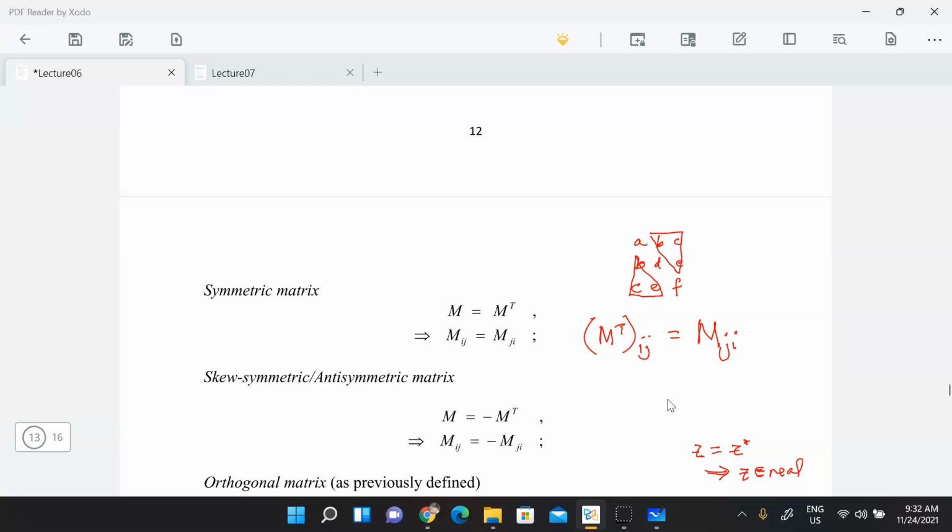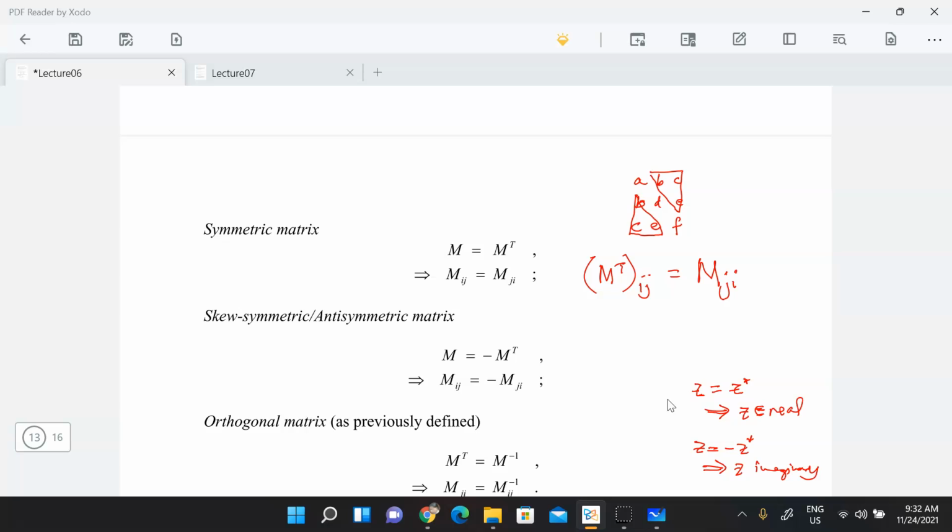Okay, so that gives you a special matrix with respect to the transpose operation. Okay, one could now impose the other condition that we had earlier, for the pure imaginary case. So instead of just M equals M transpose, you use M equals minus M transpose.